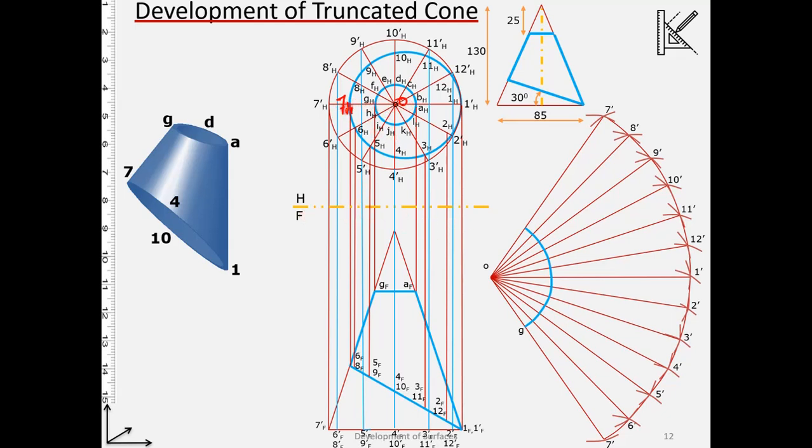So corresponding to O7, this point, this line is the true length of O7. So this line I will be marking from O to 7 here in order to locate the point 7. Okay, let us give the names to the top one also, and then we are marking the point 7. Alright, so that's the point 7.